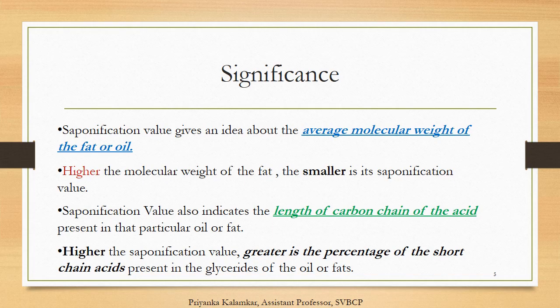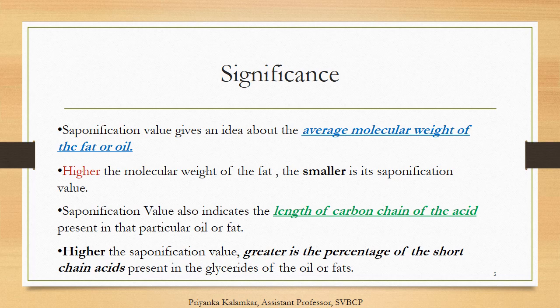Now, the main important thing is the significance of saponification value. First, it gives an idea about the average molecular weight of fat or oil. Higher the molecular weight of the fat, smaller is its saponification value. Second point is the length of the carbon chain of the fatty acid present in that particular fat or oil.